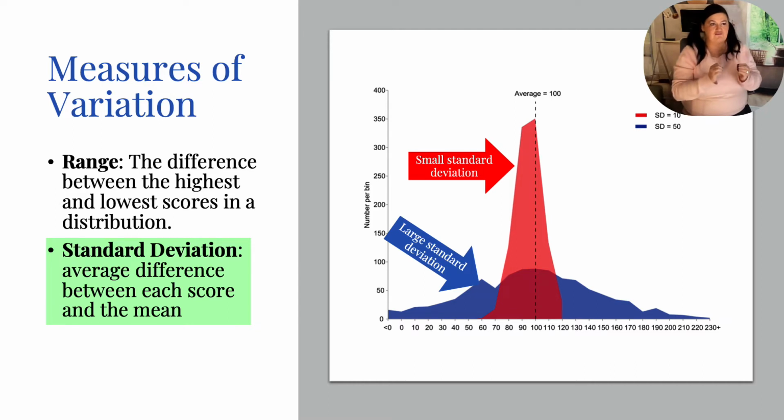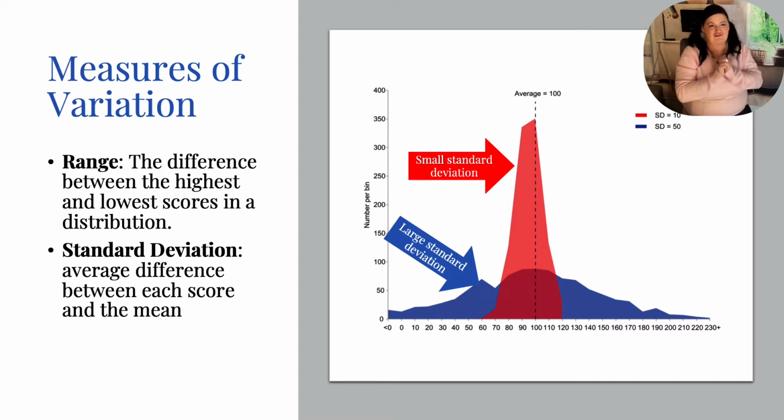So what I have depicted here are 2 distributions of scores. The red one, for instance, has a very small standard deviation because it also has a small range. The average distance or difference between each score and the average is really small. So you see, it's really tight in there.